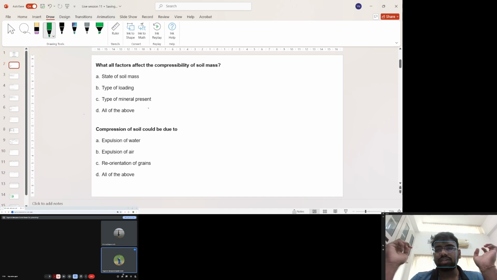What does state of soil mass mean in this context? Any idea? Saturated, unsaturated. Yeah, this is one case. Another main important aspect.